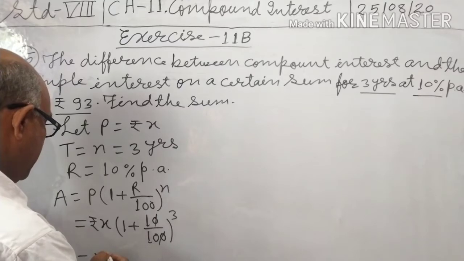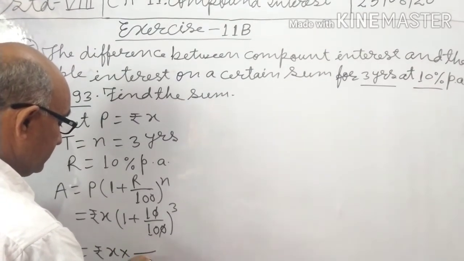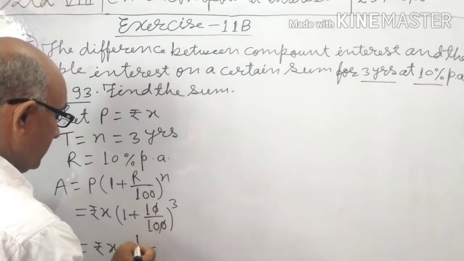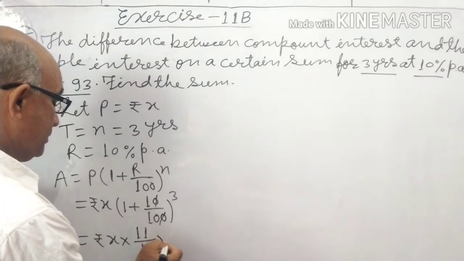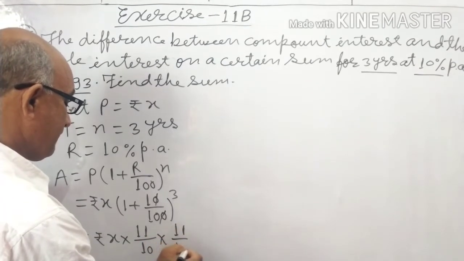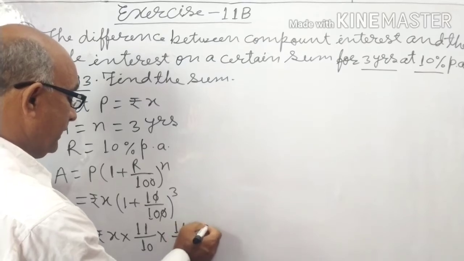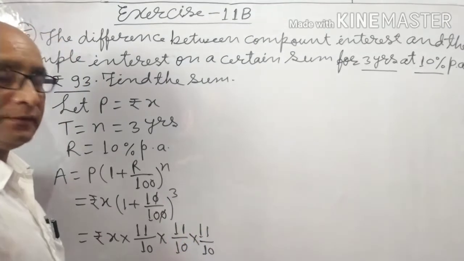Equal to rupees X into LCM is 10. 10 plus 1, 11. 11 by 10 to the power 3. So 11 by 10 into 11 by 10, multiplied 3 times.